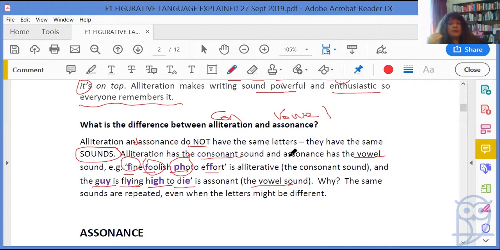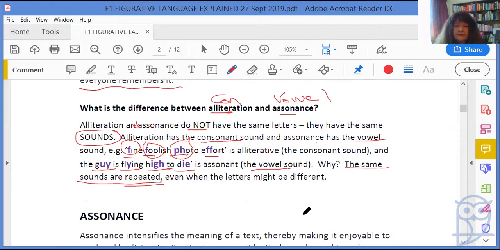So sometimes you have to say something aloud to yourself in order for you to understand that one is alliteration and one is assonance. Okay? It's the same sounds that are repeated even when the letters are different. Okay? So that's the difference between alliteration and assonance. They don't have the same letters, but the words have the same sounds.